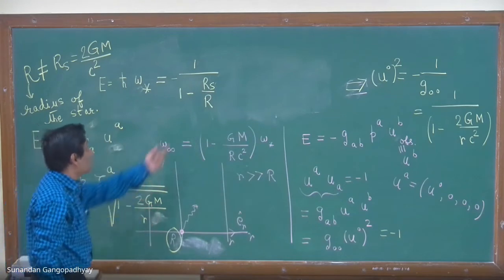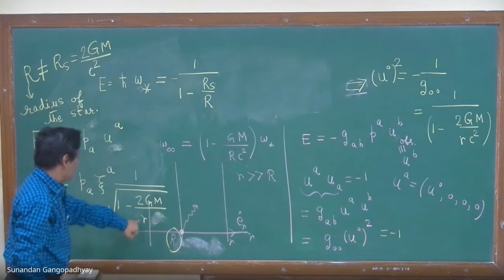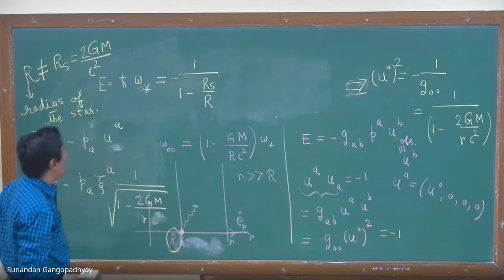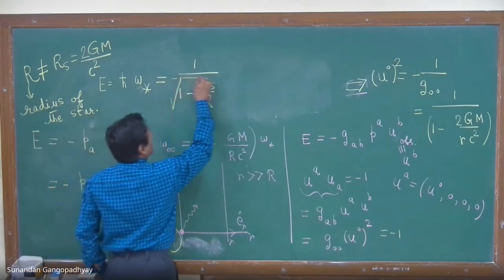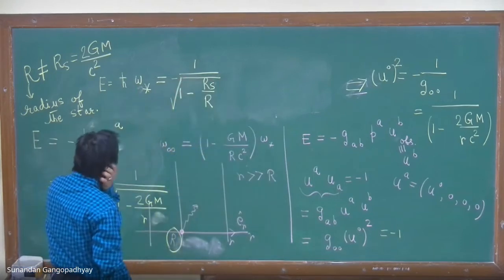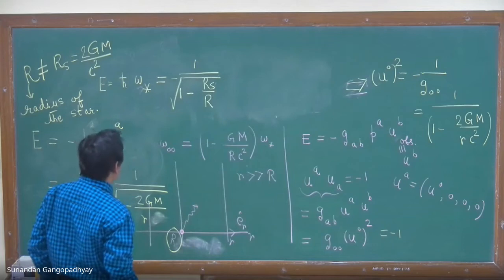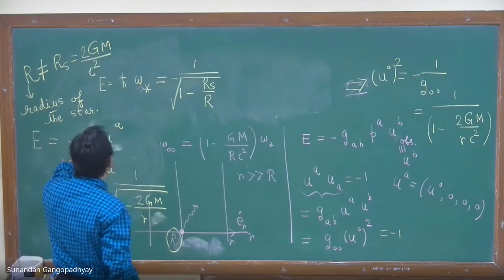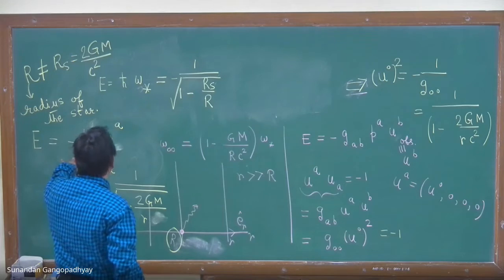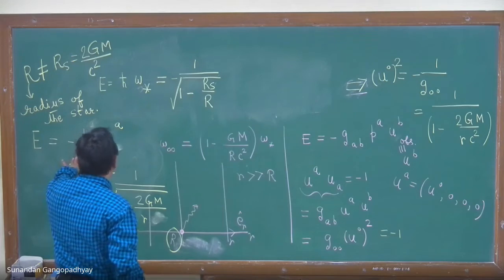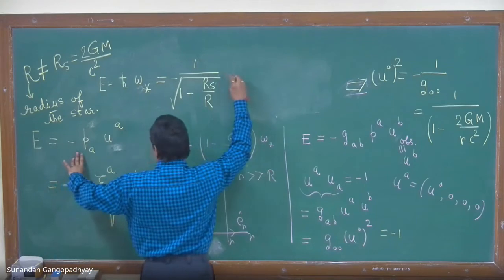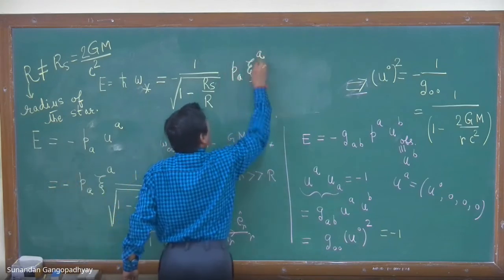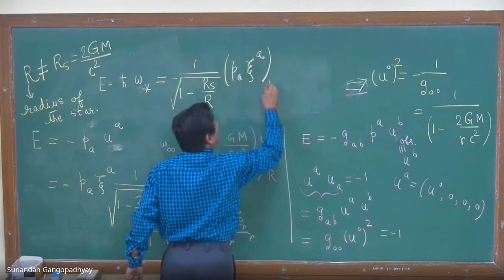Now, at this position, at the radius of the star, h bar omega star. P_A is evaluated at R.